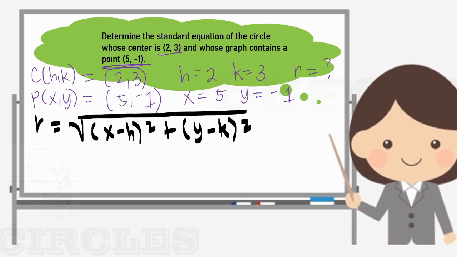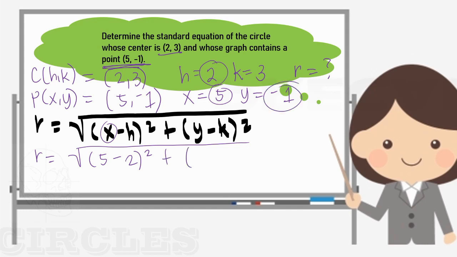Then, direct substitution, r is equal to yung value ng x, 5, minus value ng h, ito, 2, squared plus value ng y is equal to negative 1, then yung minus k, yan, 3, squared.